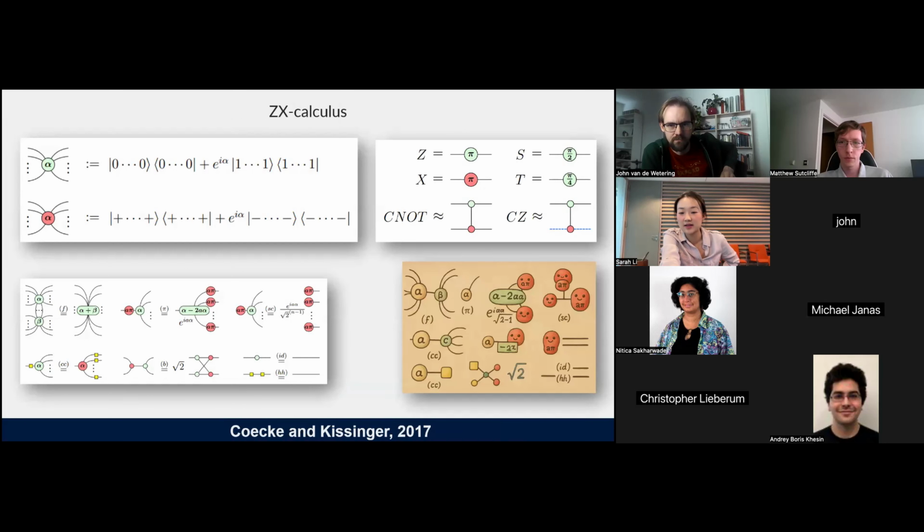Yes, the bottom right ones. The bottom right don't really make any sense. Those are just ChatGPT redrawing this left figure, but it hasn't done a very good job in maintaining accuracy. Oh, so this is not an additional set of rewrite rules. No, this is just a silly little picture just to keep it engaging. Okay, thanks.